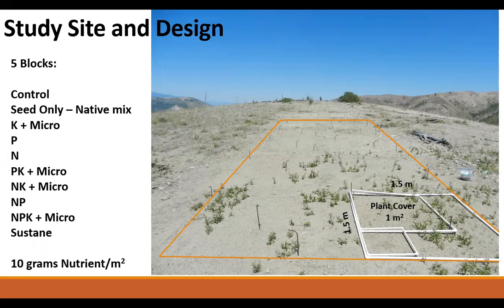And in order to make this go 5 years, we have these biomass plots that are 0.2 meters squared, and we will clip these every year, so we get 5 years out of that to get aboveground net production. It's set to go 5 years. It'd be nice to do it longer, but that's a lot of rebar to carry up there. It'd also be nice to replicate this on another soil type, but as of right now, we just have it on the one site.